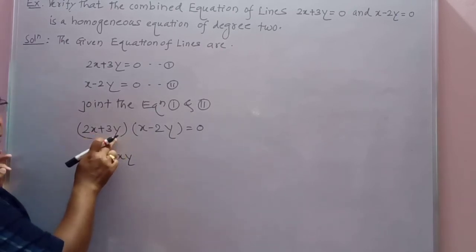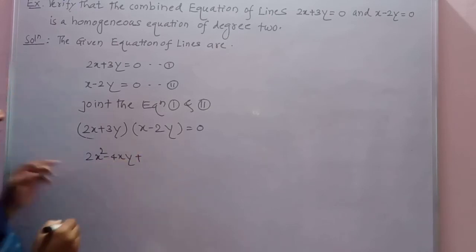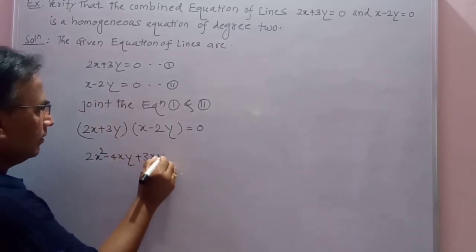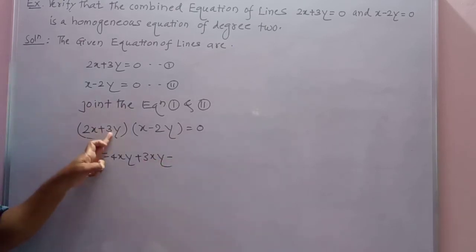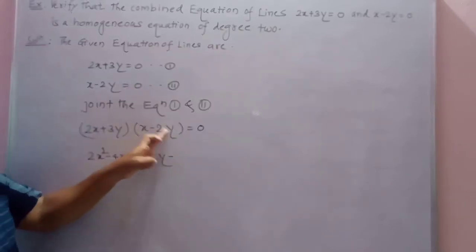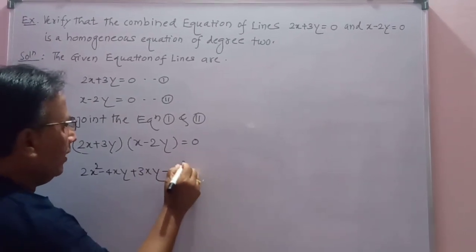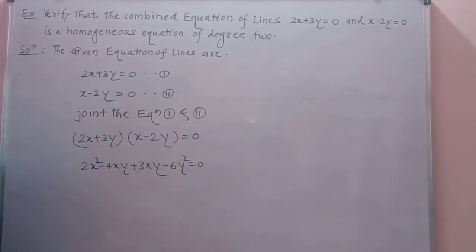Therefore we multiply 3y into x, 3xy, 3y into minus 2y, 3 into minus 2 is minus 6, y into y is y square, equal to 0.